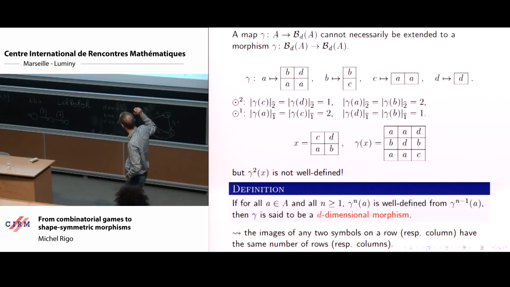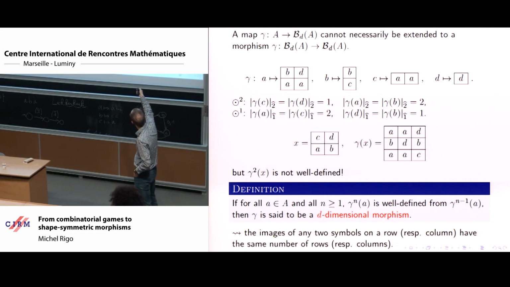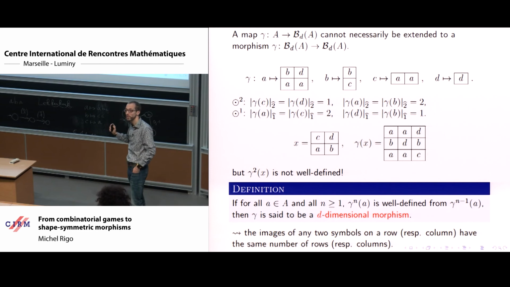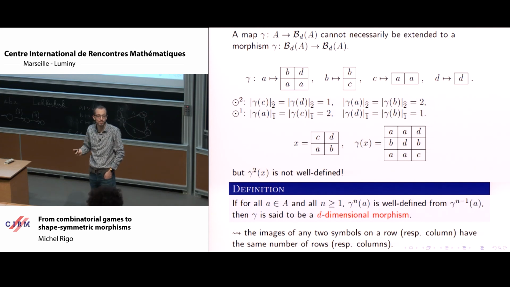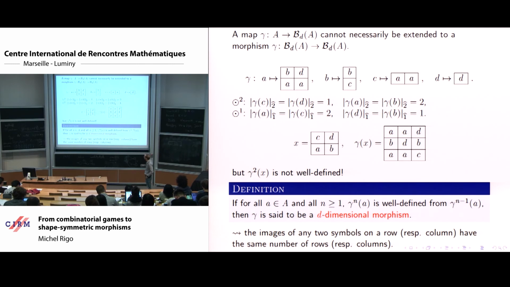That's still very nice. And D also is doing the job pretty well because it's a 1 by 1 block, so I can glue it here and glue it there. But then if you want to iterate, you are stuck. It doesn't work anymore because you will have a problem with those dimensions. So this map will not give me a morphism.